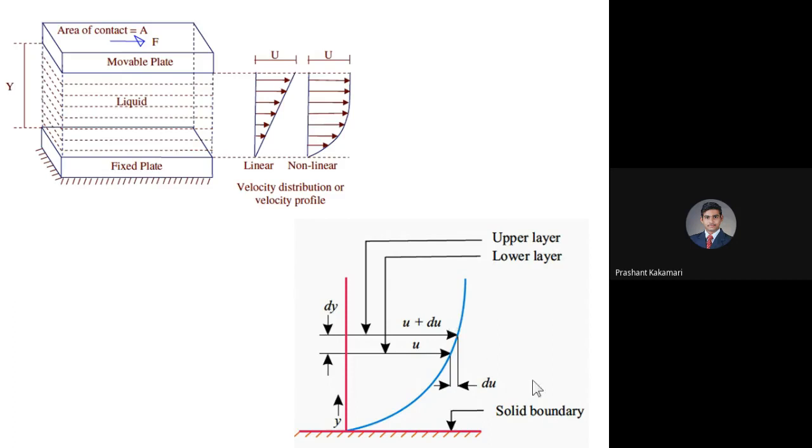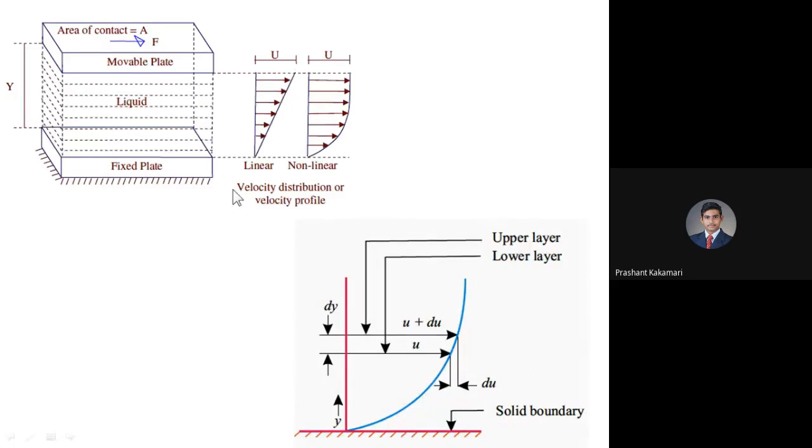So in the right side direction, if I move this plate by some velocity u, the liquid layer which is in contact with this moving plate is also moving at the same velocity u.